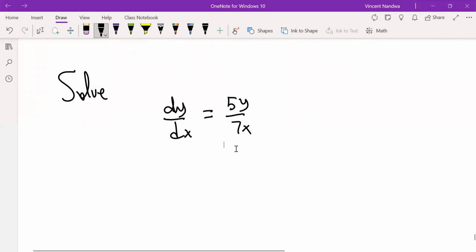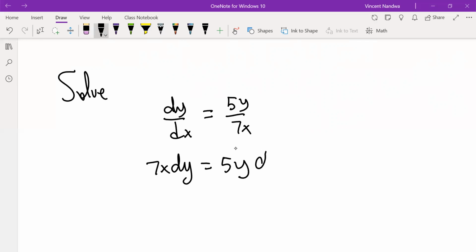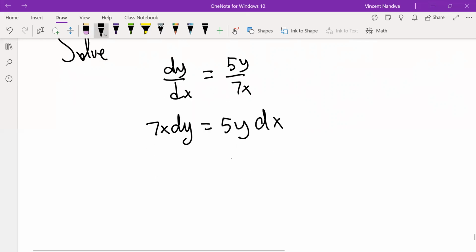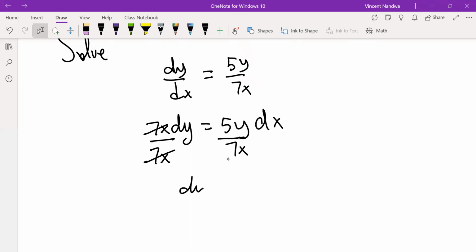We cross multiply and get 7x dy equals 5y dx, and then divide by 7x. So this and this cancel out. So dy equals 5y over 7x dx.